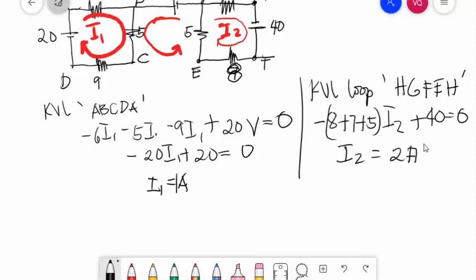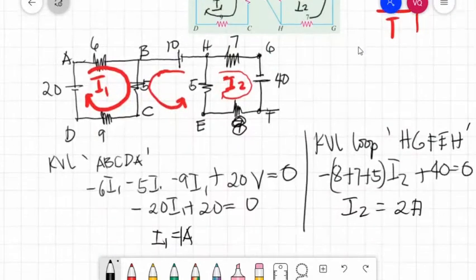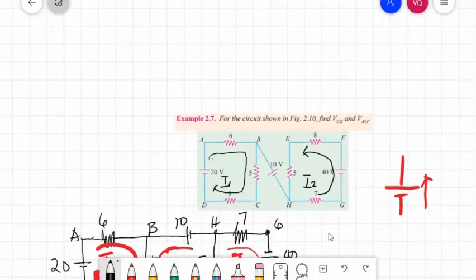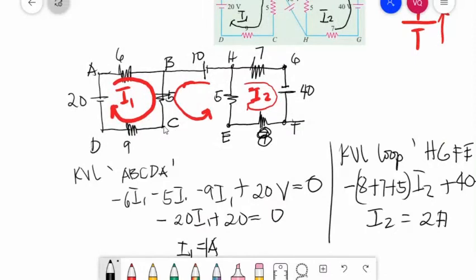Okay? So, what is required is VCE. How do we solve for the voltage here between point C and point E?